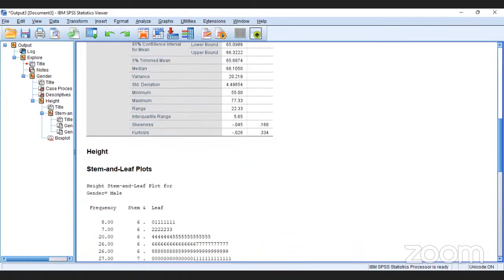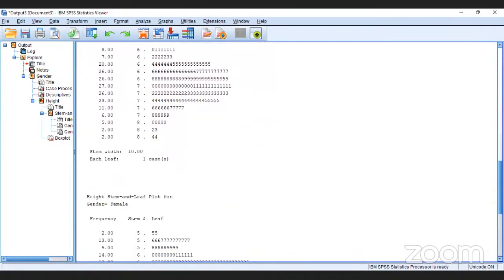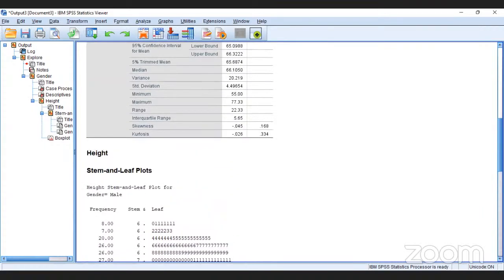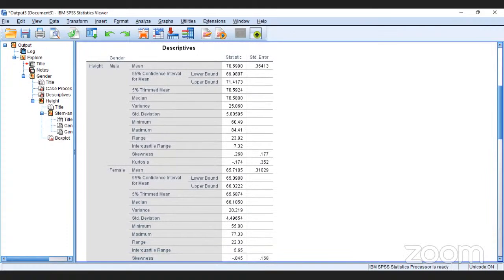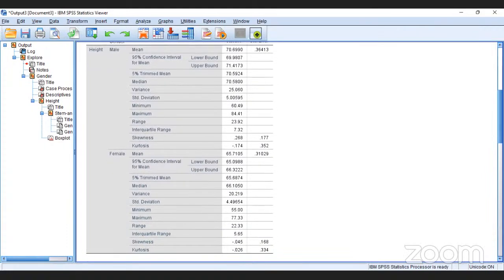So we have said variation is higher for men, right? So where do we expect to have maybe extreme values, for men or for women? Which group would tend to have more people that are far taller or far shorter? Is it the group of men or women? What do we think? Men.